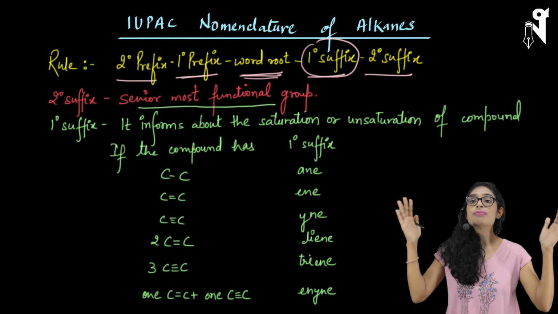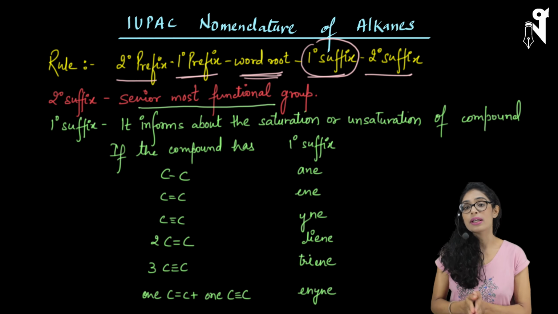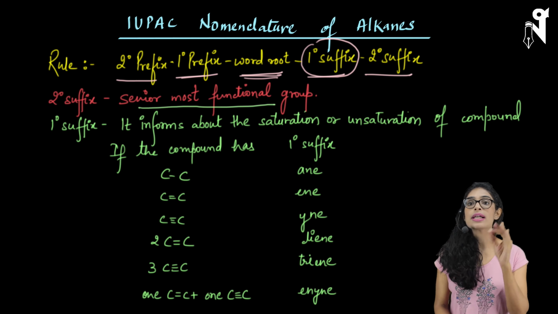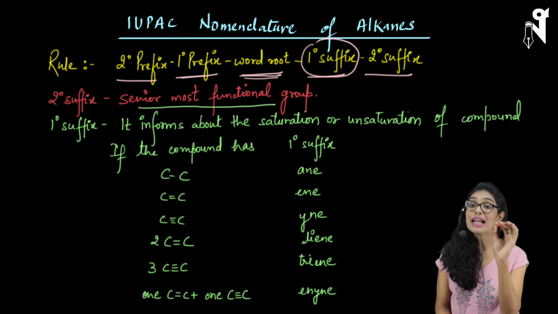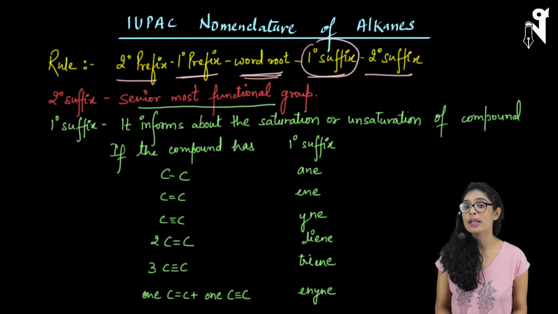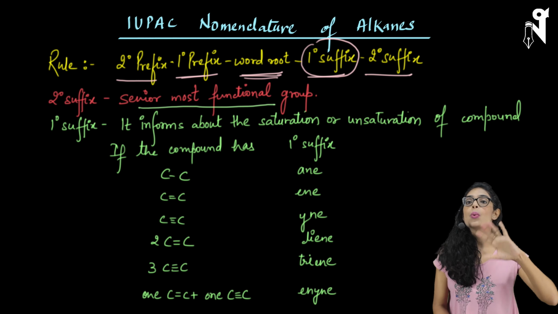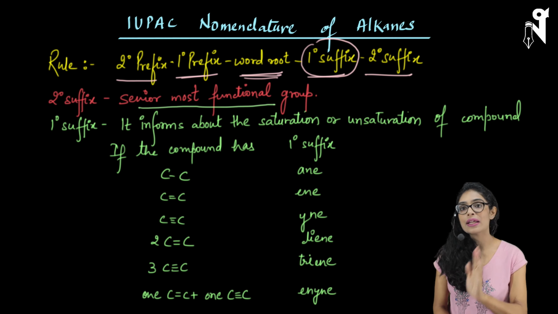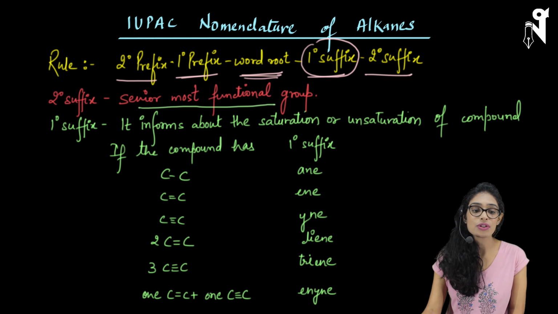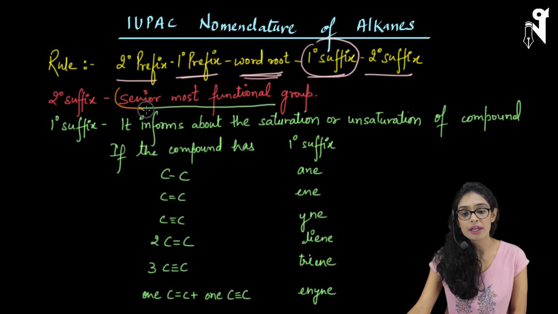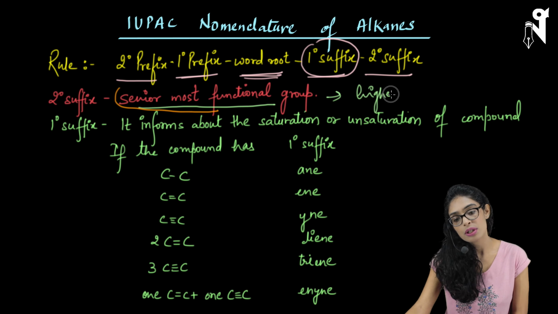Out of multiple functional groups, the one which has the highest priority is called the senior most functional group. That senior most functional group will be named in the suffix. All other functional groups will be considered low priority functional groups, and their names will be written in some other part of the name but not in the suffix. So secondary suffix represents the name of the senior most functional group, which you can also call the highest priority functional group.